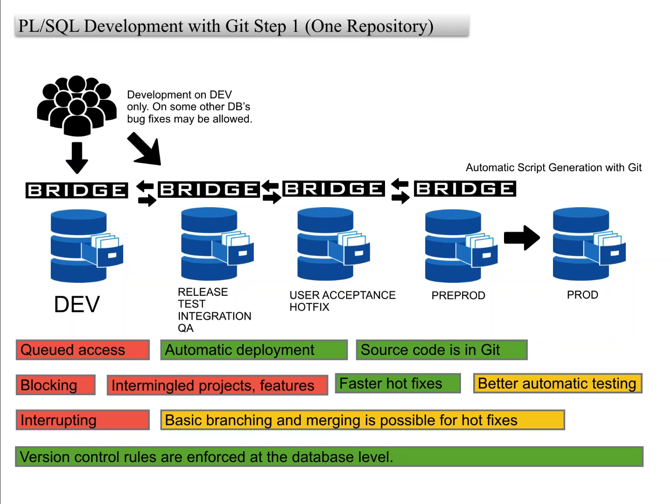No way. Because the way we implemented this is we don't let developers execute DDLs without logging in first. Literally, the DDL trigger fails. The DDL doesn't execute. So they have to log in, which is great. And we are enforcing version control rules at the database level. It's not a side thing, a manual procedure the developer has to follow.